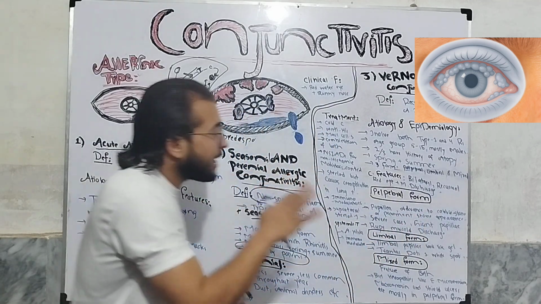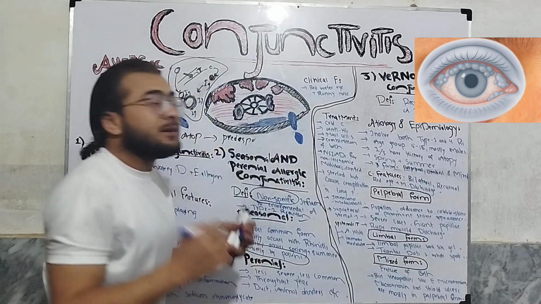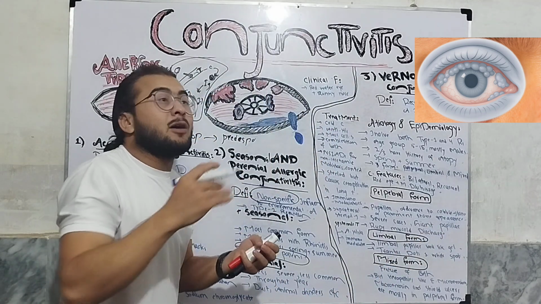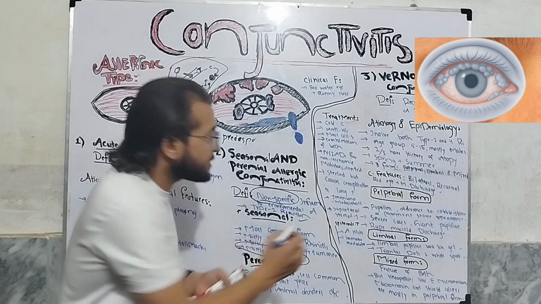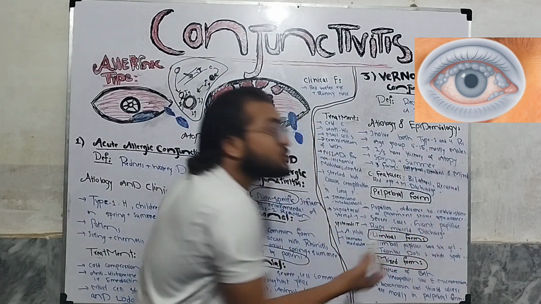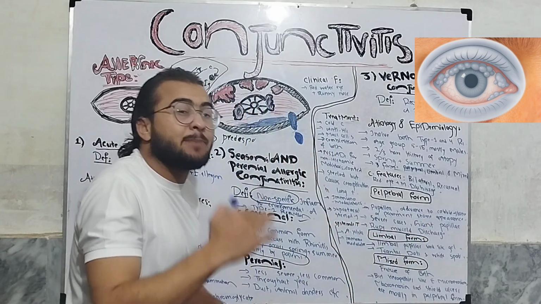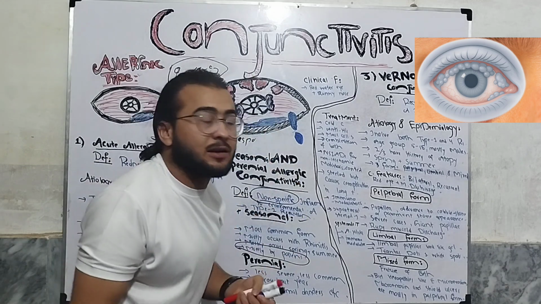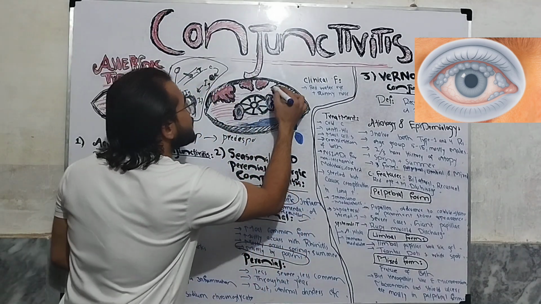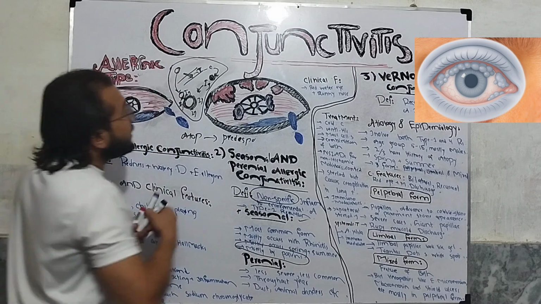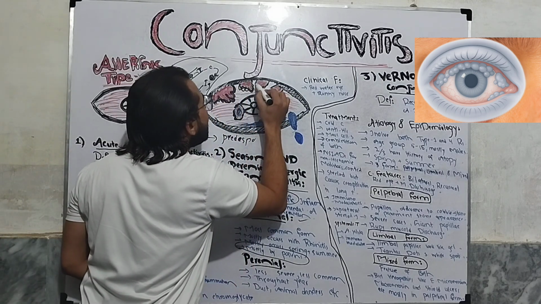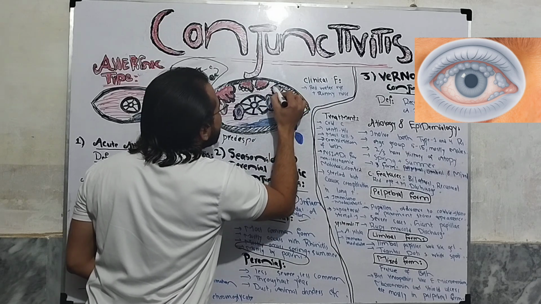There will be so much hypertrophy of the papillae that the upper tarsal conjunctiva will take on a cobblestone-like appearance, which is also called pavement stones. So a cobblestone or pavement stone appearance will be present on the upper tarsal conjunctiva.